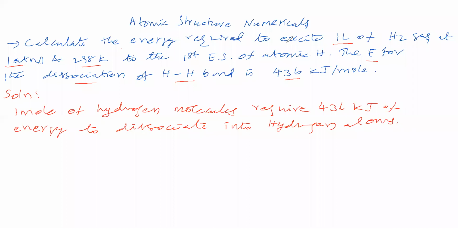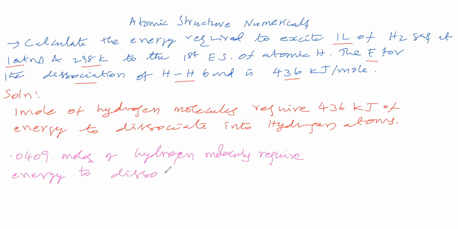Now we will see the number of hydrogen molecules. The number of moles of hydrogen molecules we calculated is 0.0409. 0.0409 moles of hydrogen molecules require a dash amount of energy to dissociate into hydrogen atoms.